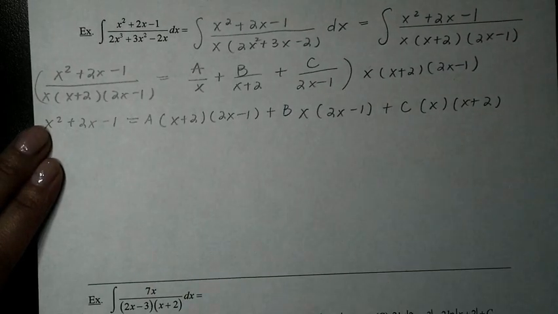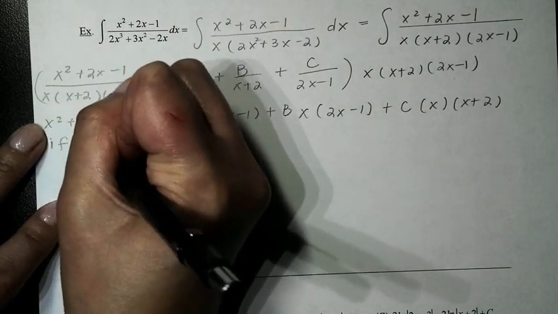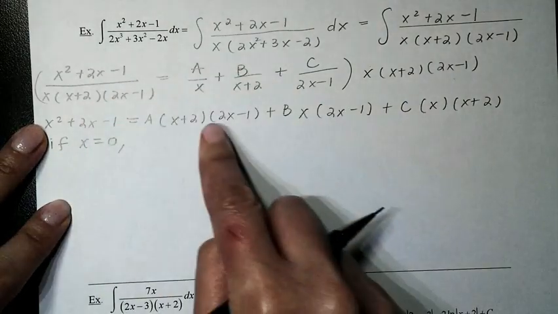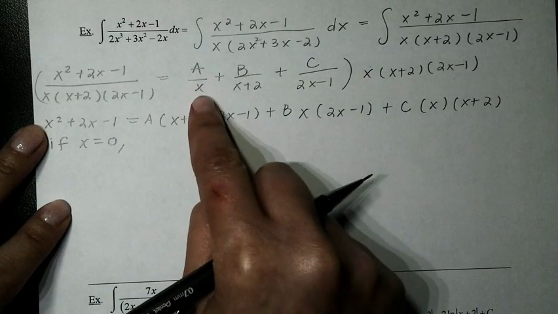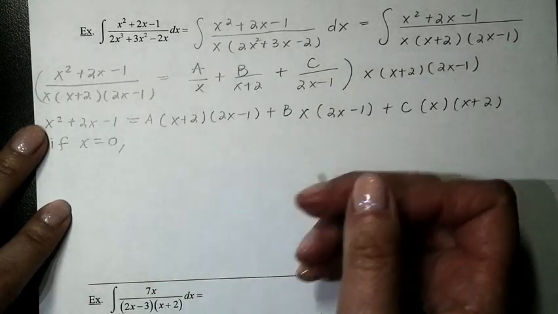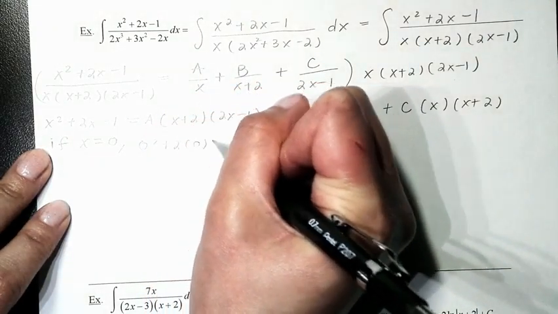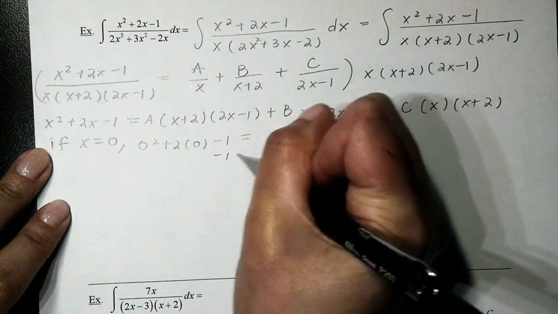Now you're going to tell me what we are going to do with this. You start with the first factor. If x is equal to 0, why 0? Because your factor is x, so you equalize it to 0. So you plug in 0 squared plus 2 times 0 minus 1. What do you have? That's negative 1.